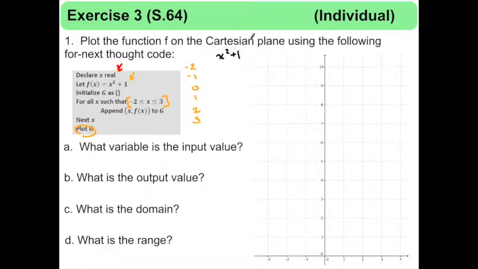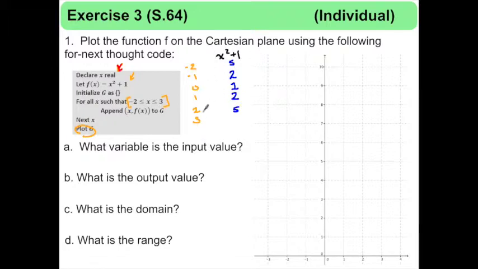So if I solve some of these and started to figure them out, if I said -2 squared, well, -2 squared is 4, and then 4 plus 1 is 5. -1 squared is 1, and then plus 1, so we get 2. 0 squared is 0, and then plus 1 is 1. 1 squared is 1, plus 1 is 2. 2 squared is 4, plus 1 is 5.